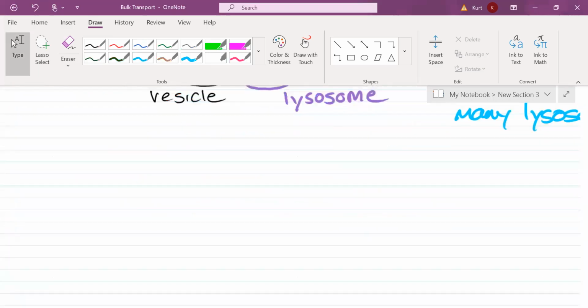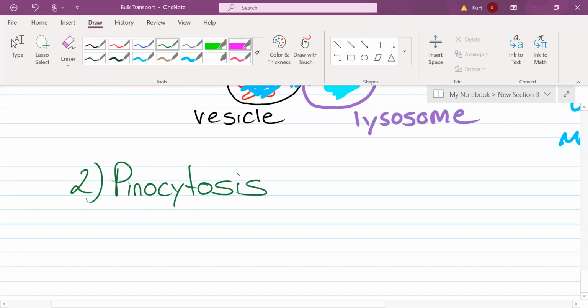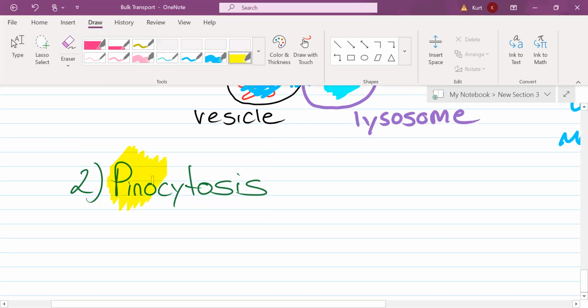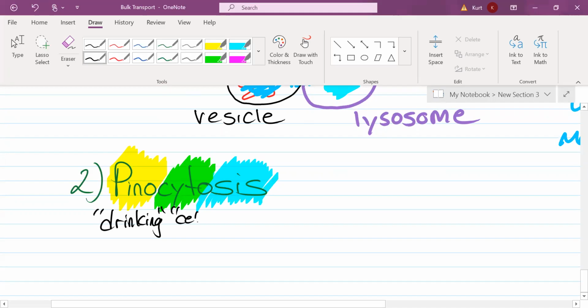The next type of endocytosis we'll need to go over is pinocytosis. This is cell drinking, a cell process.